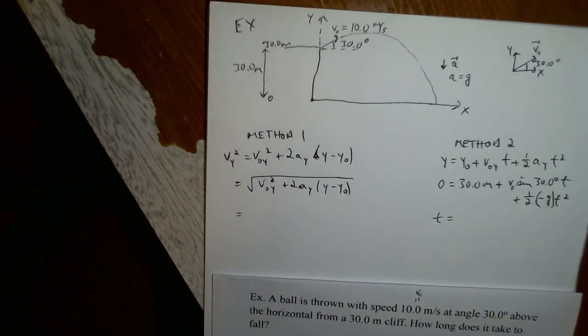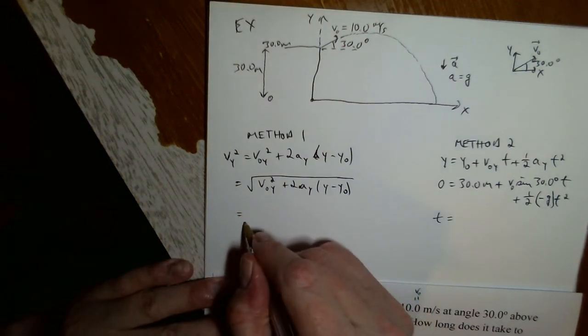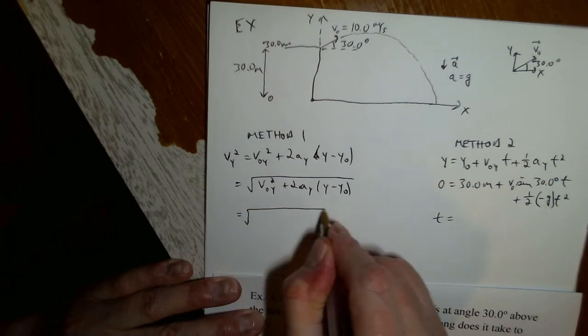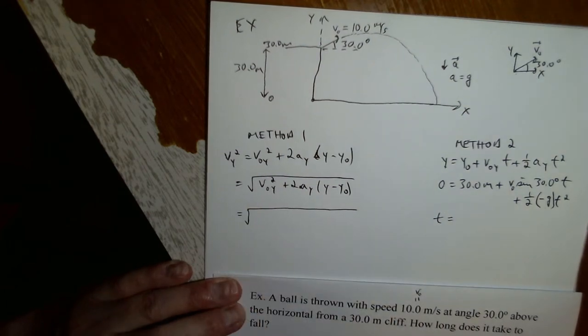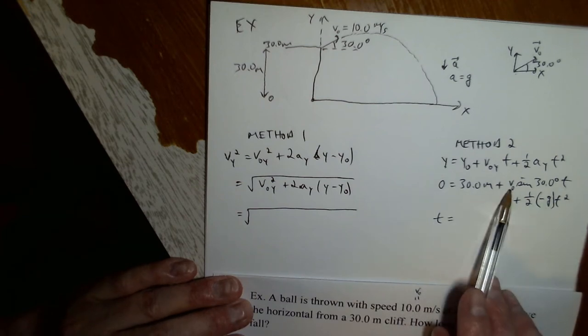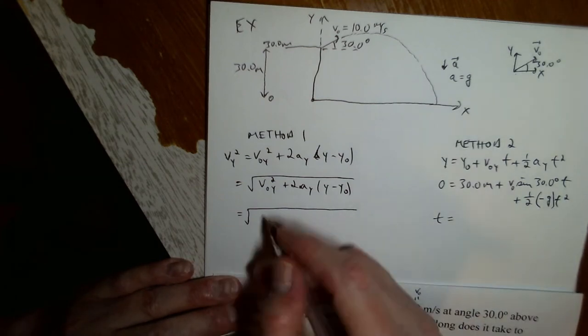And I might as well solve for the number just to make it easier. So v sub naught y, remember I figured out it's v sub naught times sine 30 degrees.